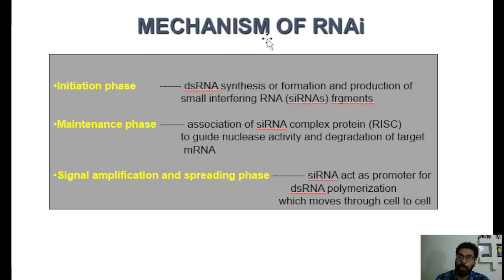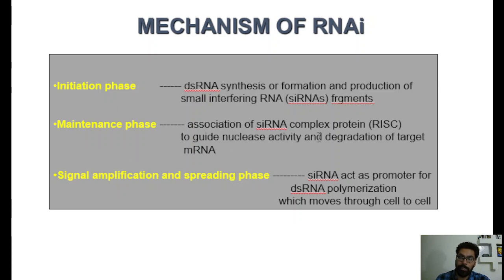So coming to the mechanism, RNAi will be completed in three different phases. The first one is the initiation phase, the second one is the maintenance phase, and the third and important one is the signal amplification and spreading phase. In the initiation phase, double-stranded RNA will be synthesized, okay, and that will get chopped off to form the small interfering RNAs.